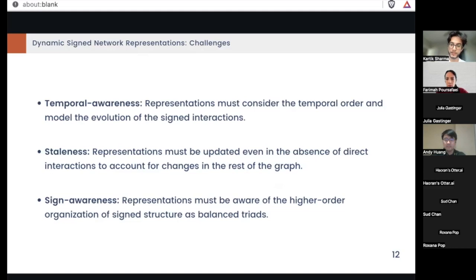But this would make the embeddings of the other nodes stale, basically, like they're not updated according to the new embeddings of their neighbors. So it's more about how we update the embeddings, whereas with temporal awareness we are more interested in the order. Okay. Yeah, because in continuous time, it's not feasible to update the whole graph at each point in time. Yeah, that's right.